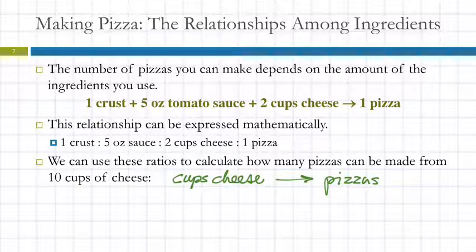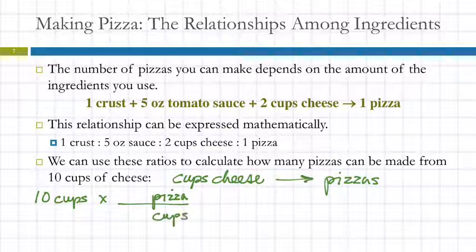And we can do that in one step because this equation tells us that we need 2 cups of cheese for every 1 pizza. So we can just write down 10 cups of cheese. And then we want to put pizzas on top and cups of cheese on the bottom to make the units work out.